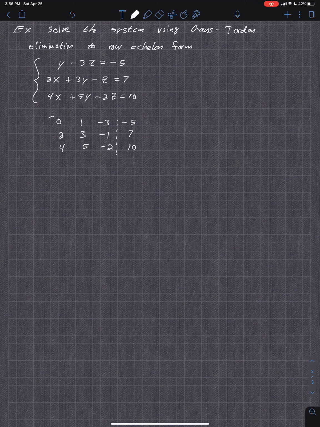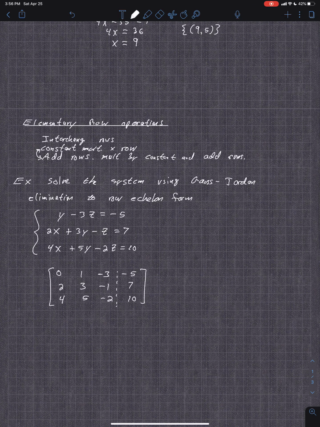So that's your matrix. And then you perform the elementary row operations to solve the system.